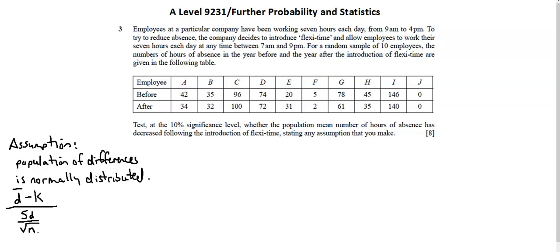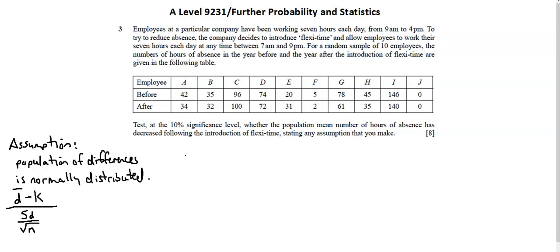The k in the numerator relates to whether we're evaluating there's no change or the change is no more than some number or no less than some number, etc. In this case, the requirement is to evaluate whether there has been a decrease, not a particular size of decrease, so our k is going to be 0.